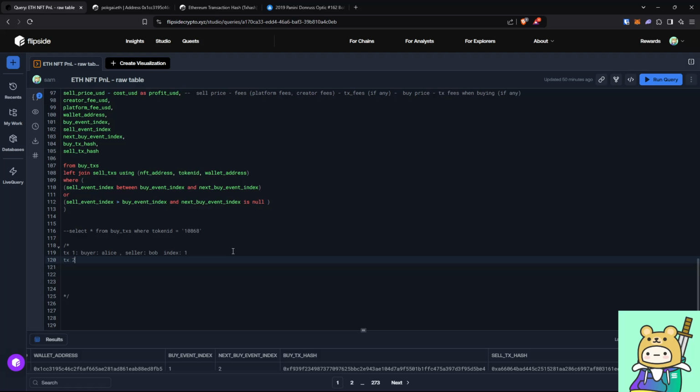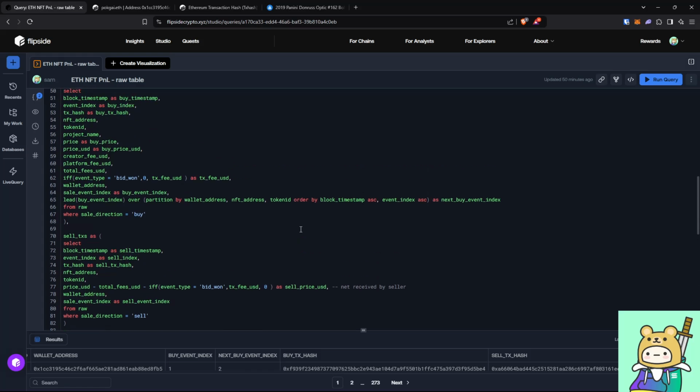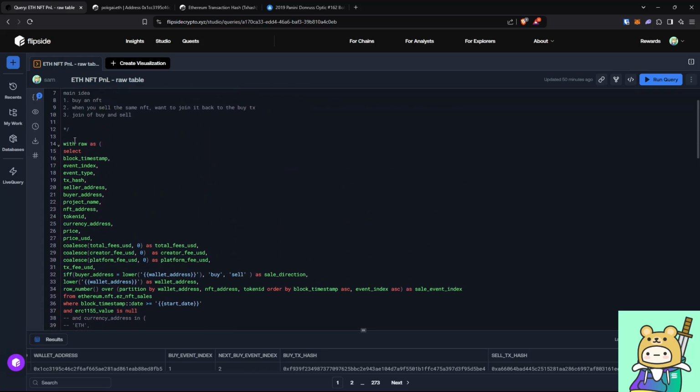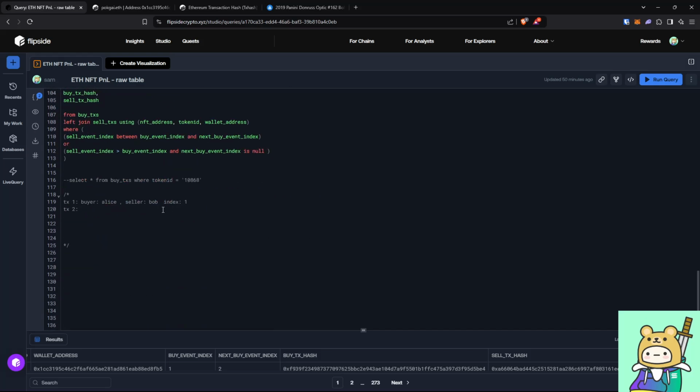Next transaction. And all these indexes, again, remember, are created from our raw CTE over here, right? Where we say order by the timestamp and the event index of the sale. So all this is just based on the timestamp. So of course index 1 means this sale occurred first, and then index 2 would be the sale after index 1, right?